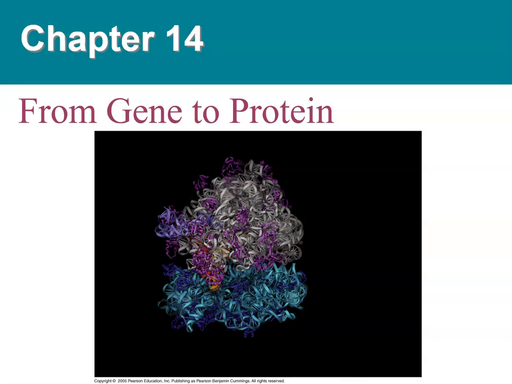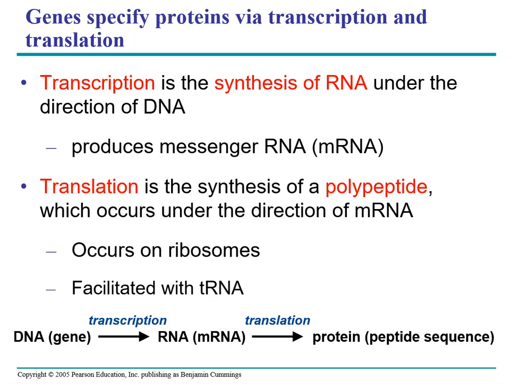So this is actually going to be a two-step process from gene DNA to protein. The first step in the process, a large step, because we're going to be digging into the details, of course, the first overall step is called transcription. And this involves the synthesis of a type of RNA called messenger RNA, or mRNA, from the DNA code.